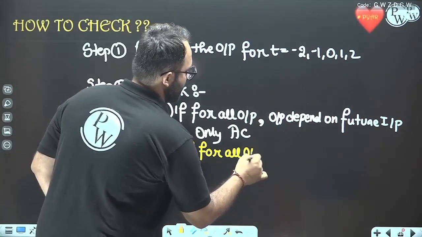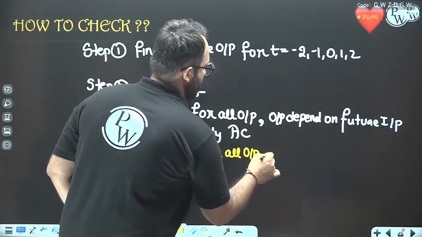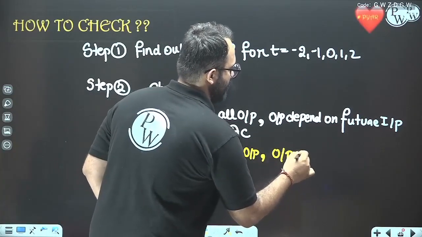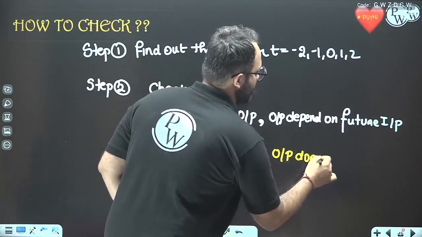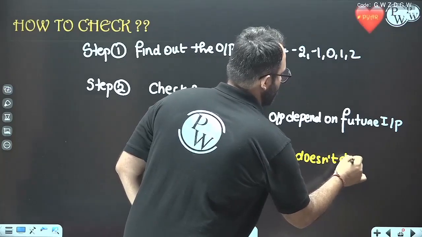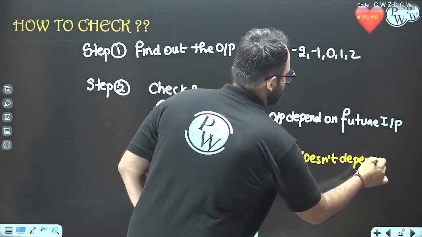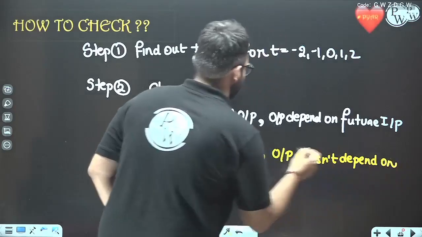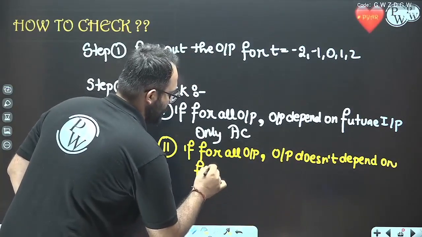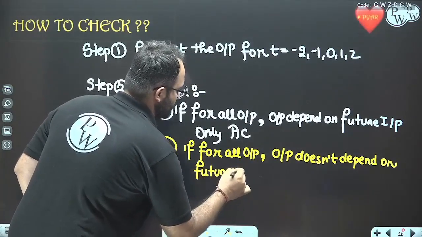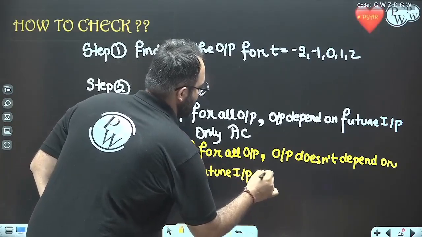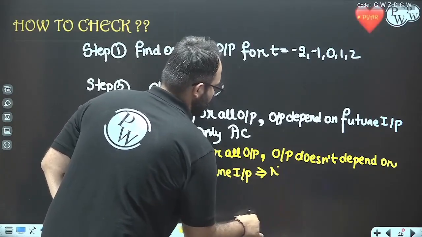If for all the outputs, the output does not depend on future input, then it is causal.